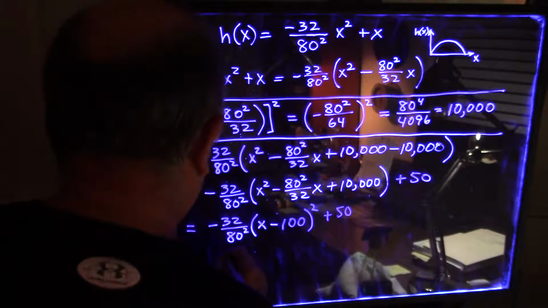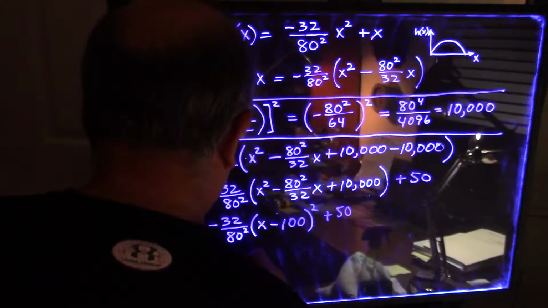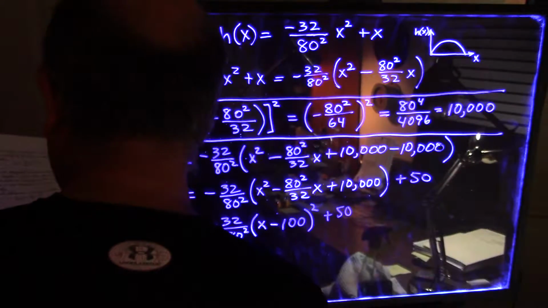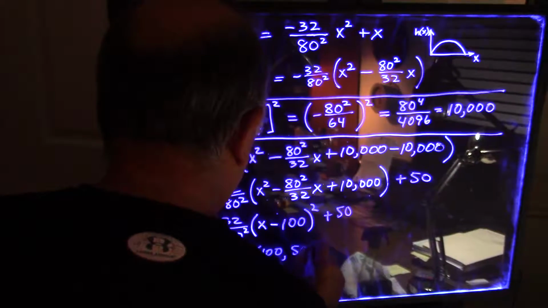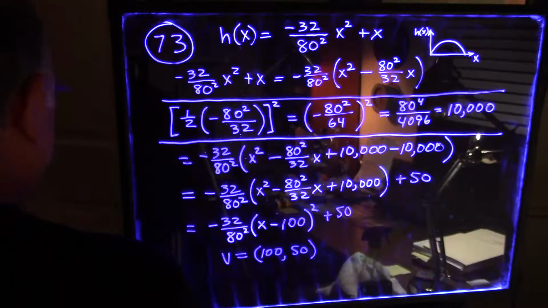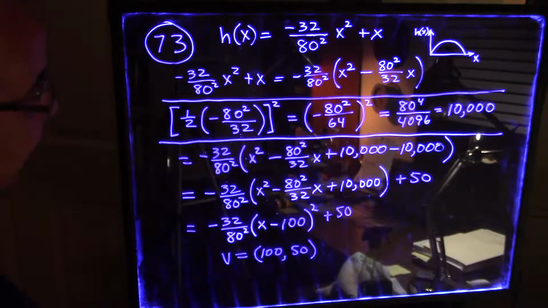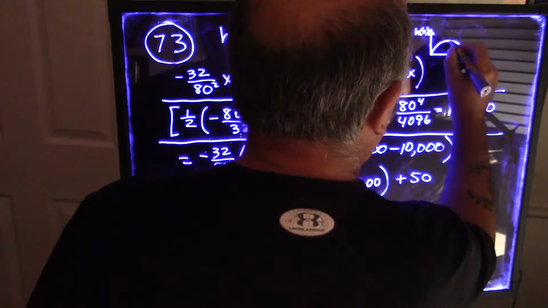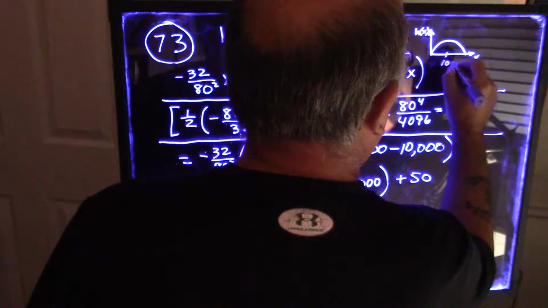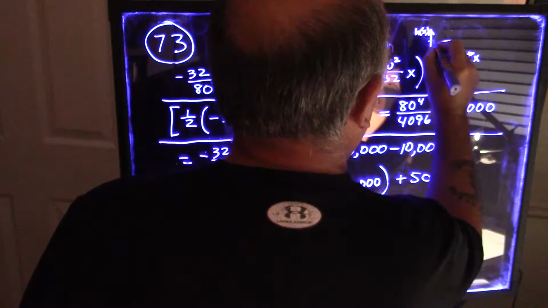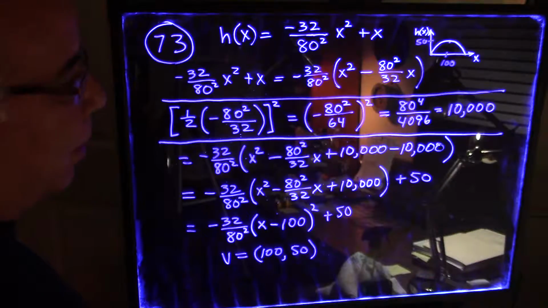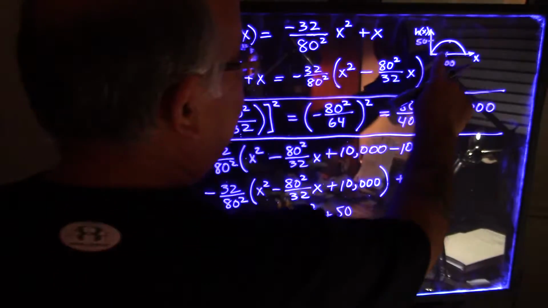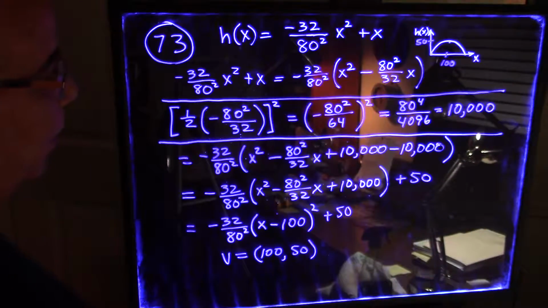And so the vertex V is equal to 100, 50. Well, look at this. When x is 100, then the height is 50. That's the answer to our question right there. It's at the vertex, the highest point of the trajectory of this projectile, whatever you want to call it.